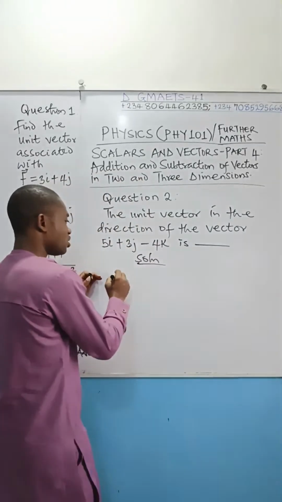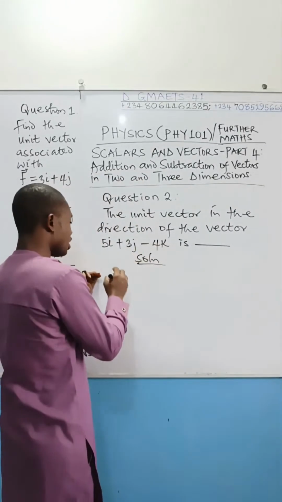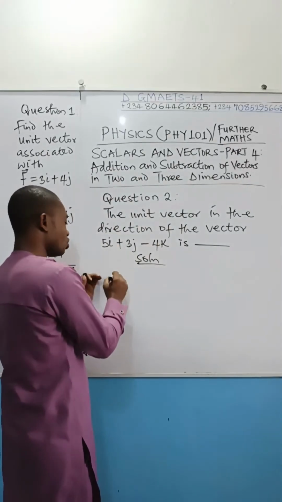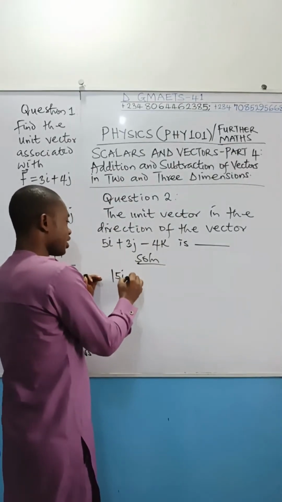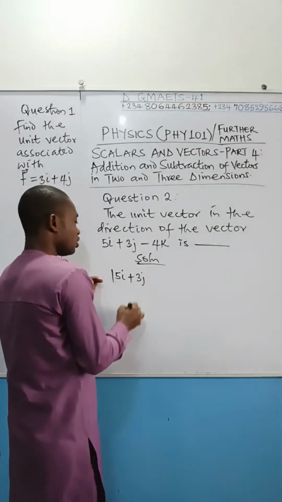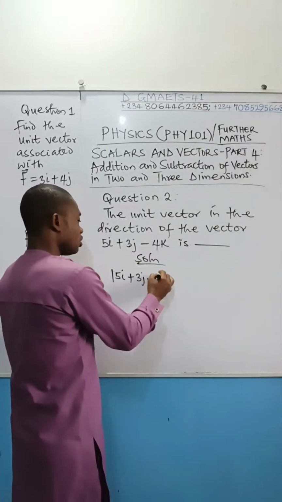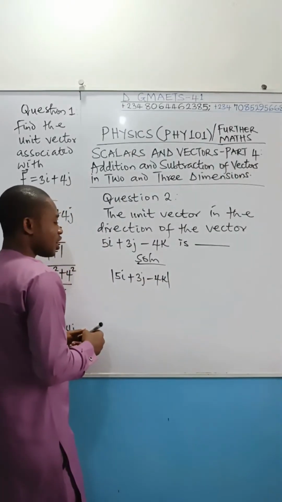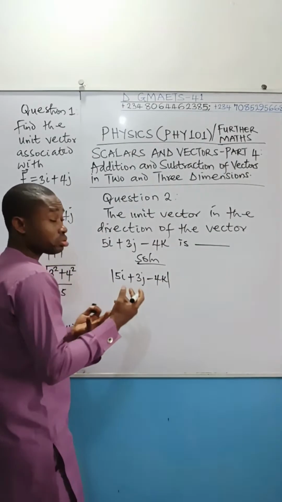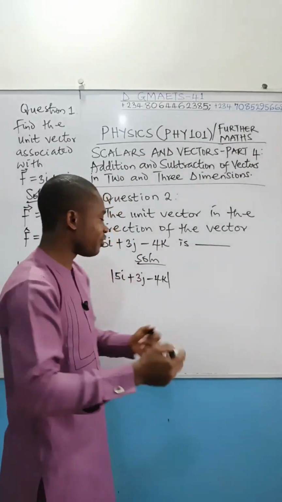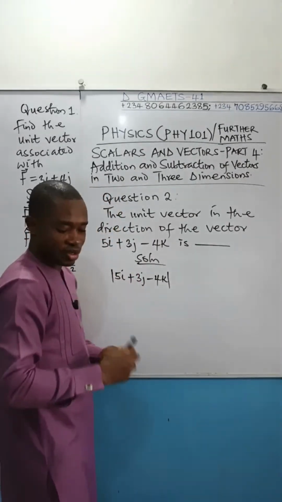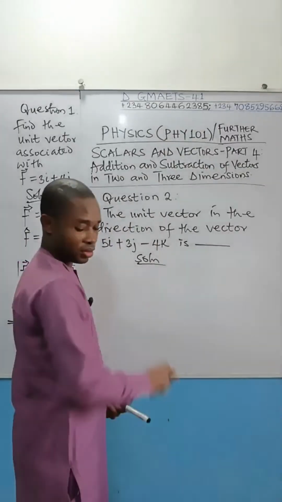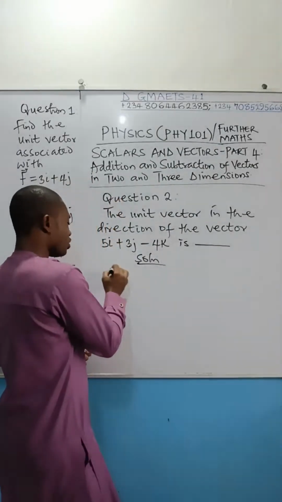So solving this, all I have to do quickly without wasting time, let's go and obtain the magnitude of this vector. Magnitude of the vector 5i plus 3j minus 4k. Let's call it vector A. It's not compulsory anyway.